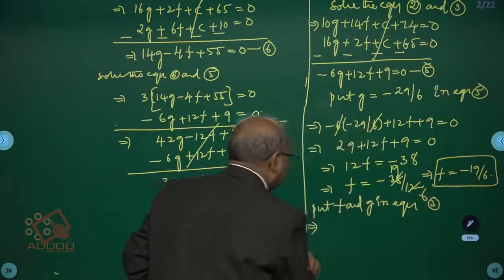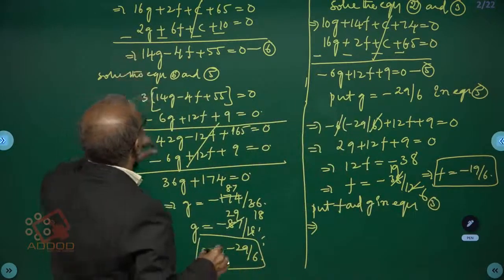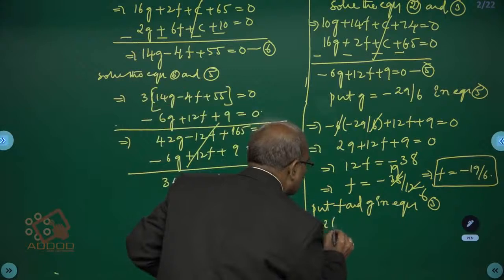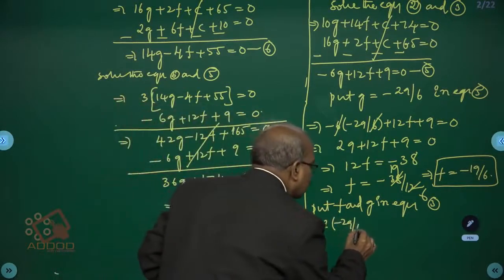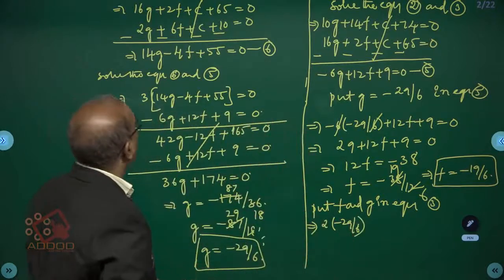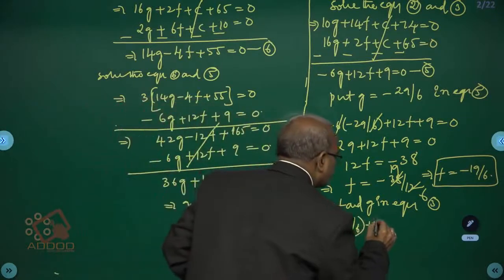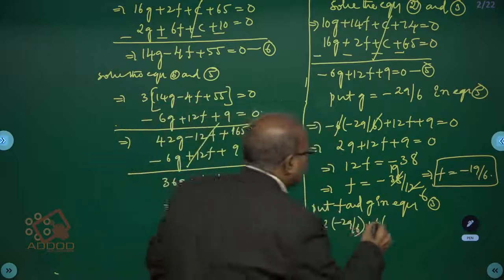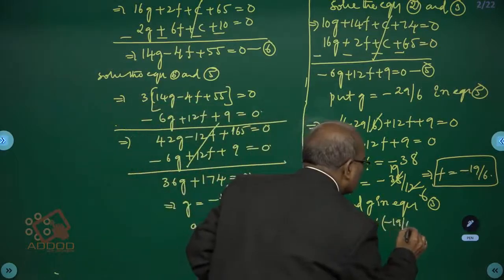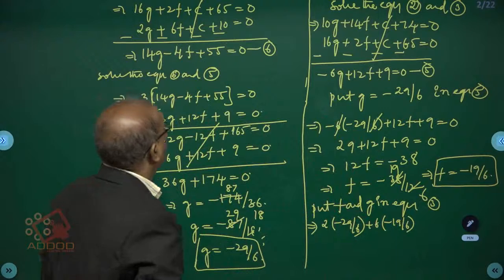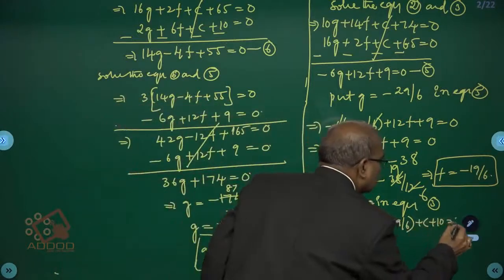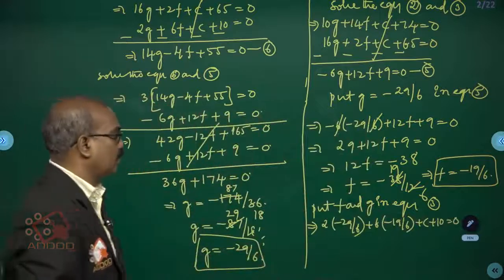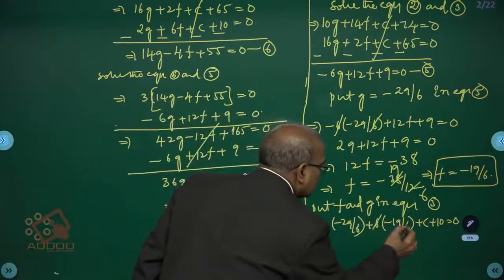So here 2 into g value, minus 29 by 6, plus 6 into f value, minus 19 by 6, plus c plus 10 is equal to 0. Then we can cancel this 6.